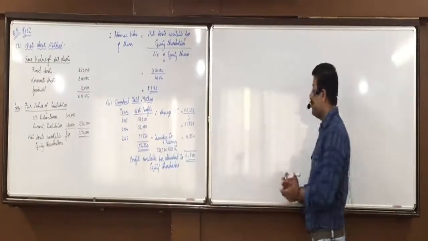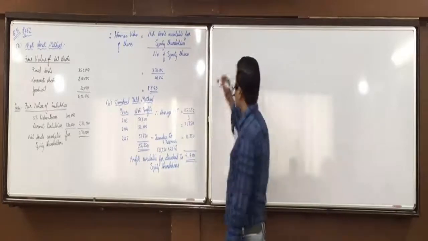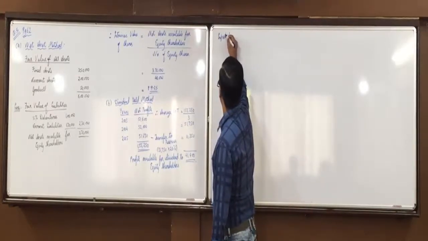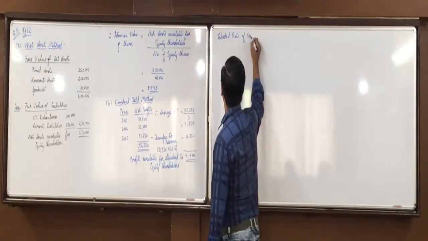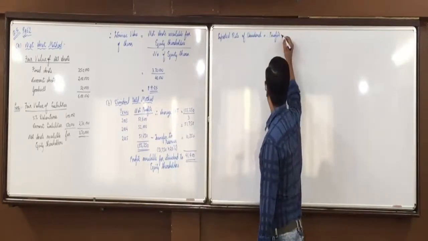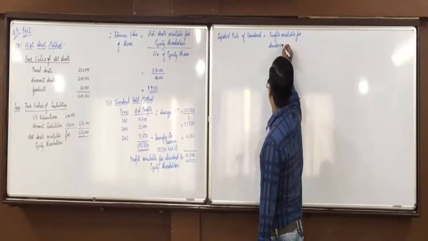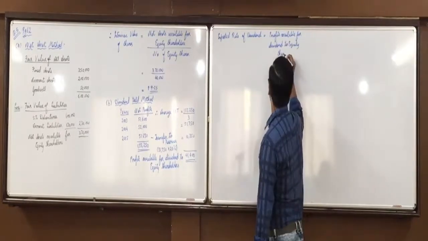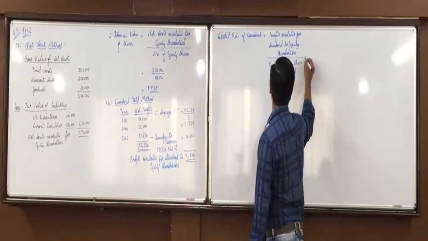Now, after that, what is the first step we have to find? Expected rate of dividend. Expected rate of dividend is equal to profits available for dividend to equity shareholders divided by paid up equity share capital into 100.